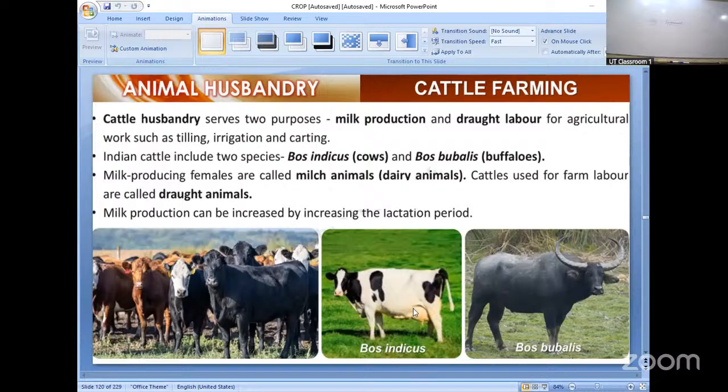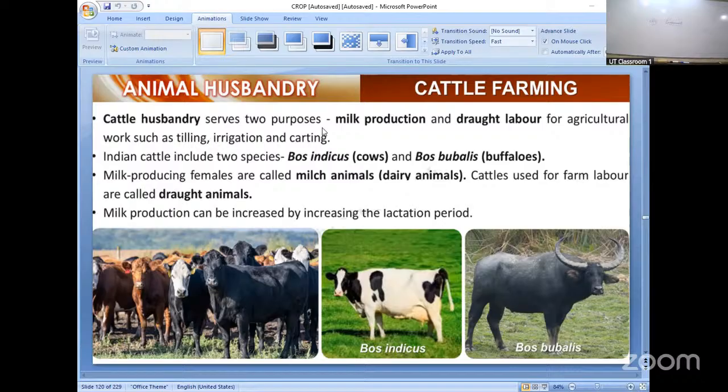See, these are the two varieties, Bos indicus and Bos bubalis. These are the Indian cattle, buffaloes and cows. Milch animals are milk-producing females.